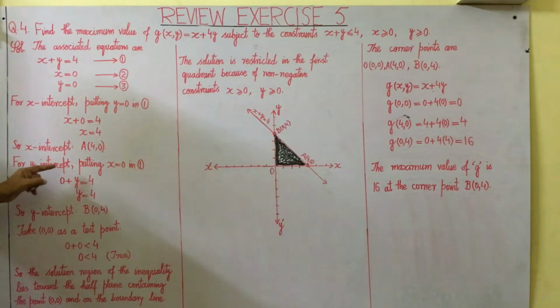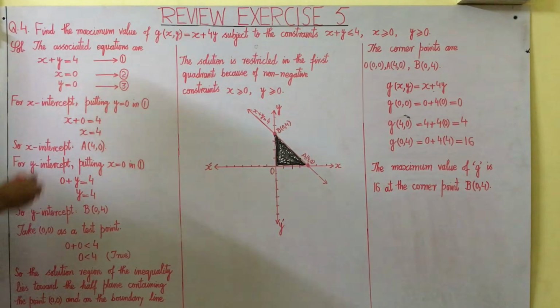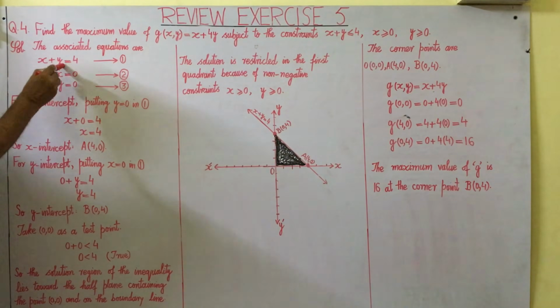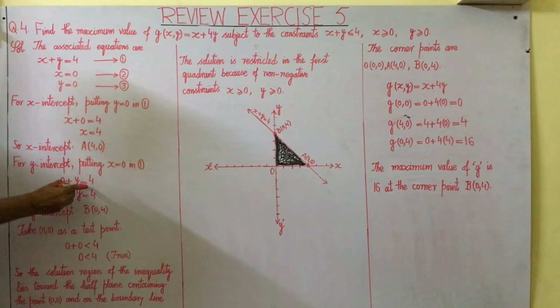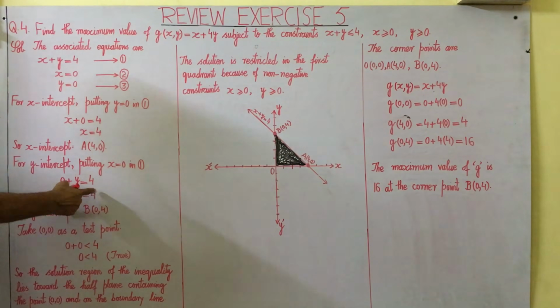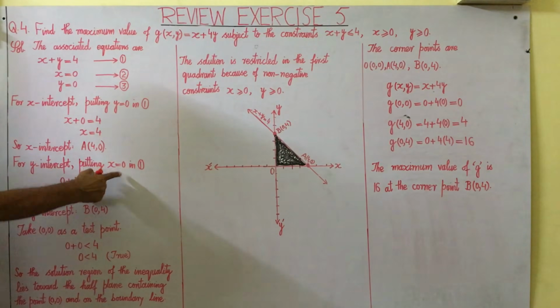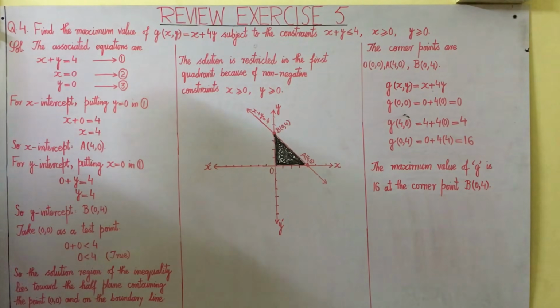For the y intercept, putting x = 0 in 1: 0 + y = 4. So the y intercept B has coordinates (0, 4).